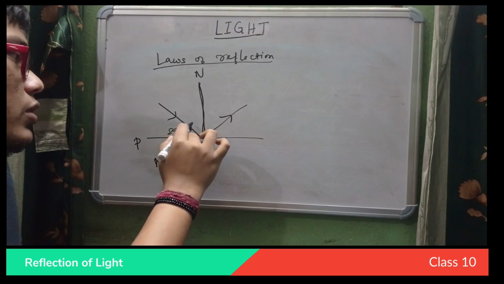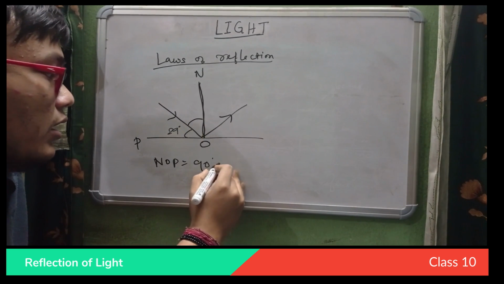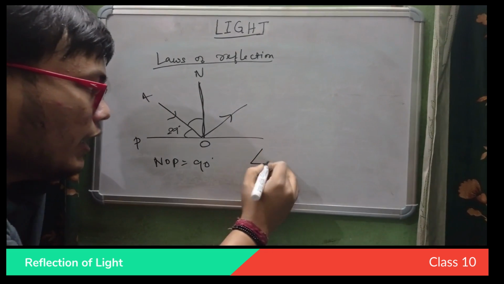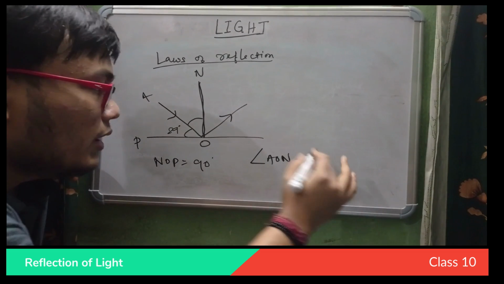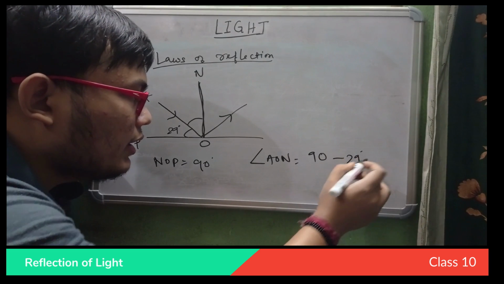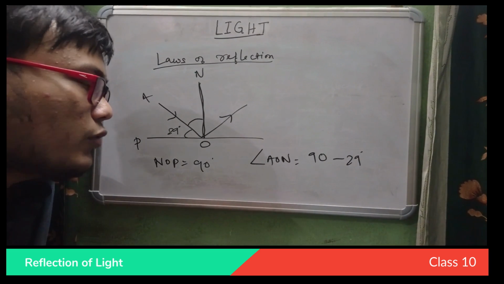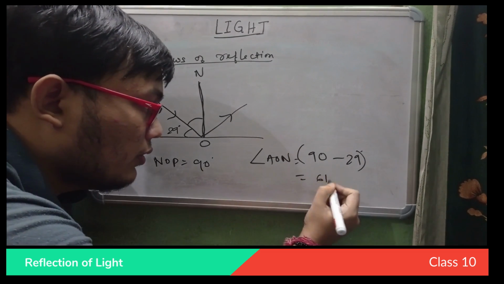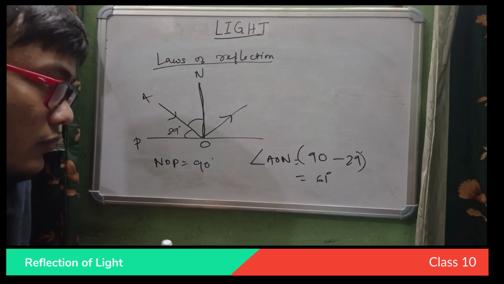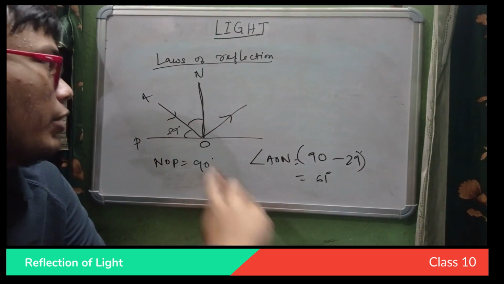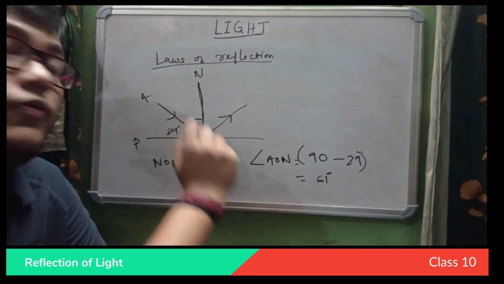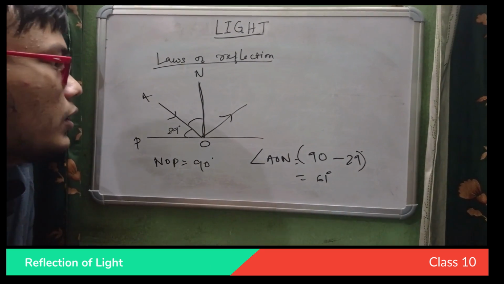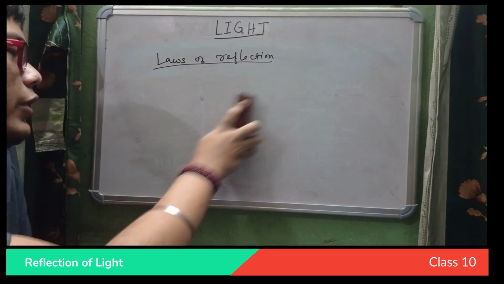Angle AON should be 90 minus 29 degrees, that is equal to 61 degrees, right? So angle AON, the angle of incidence, is 61 degrees, and naturally the angle of reflection will also be 61 degrees.